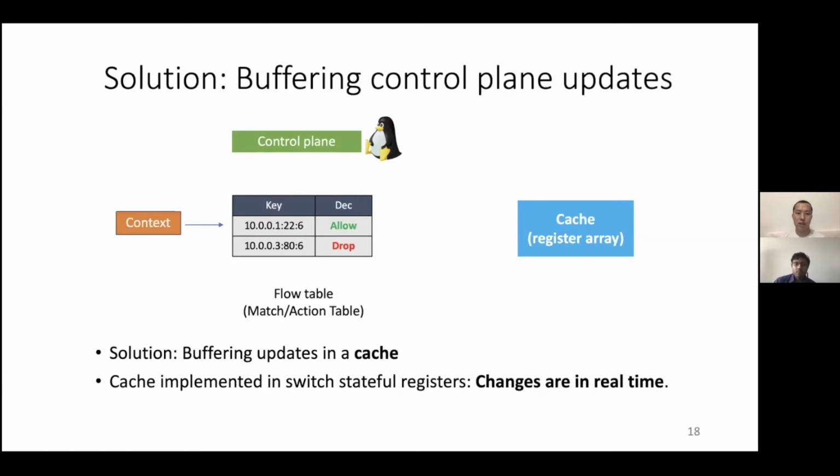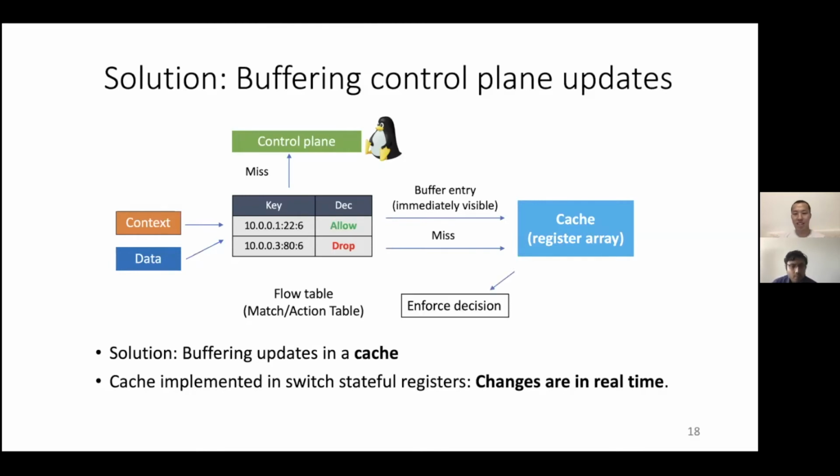Again, when the context packet arrives, we ask the control plane to insert the entry, but at the same time, we buffer the entry that should be inserted in the cache, so that when the following data packets arrive, they miss the table, but that's not a problem. We can look up the cache and get the result.